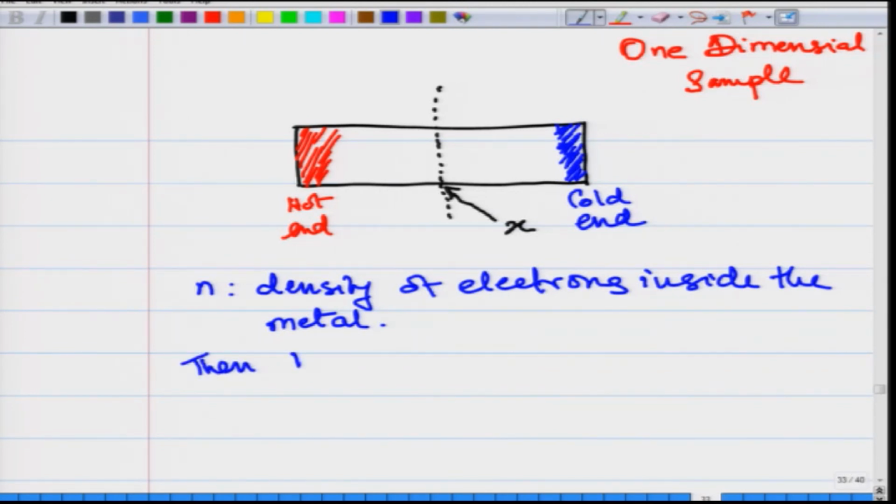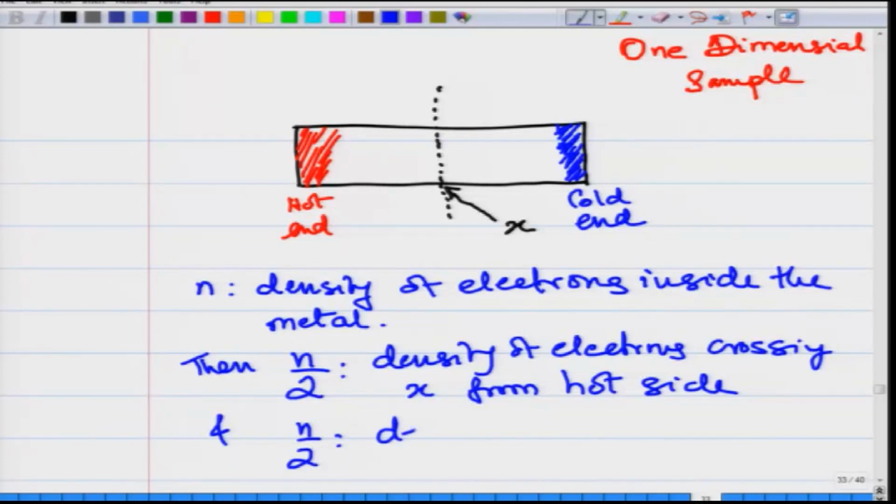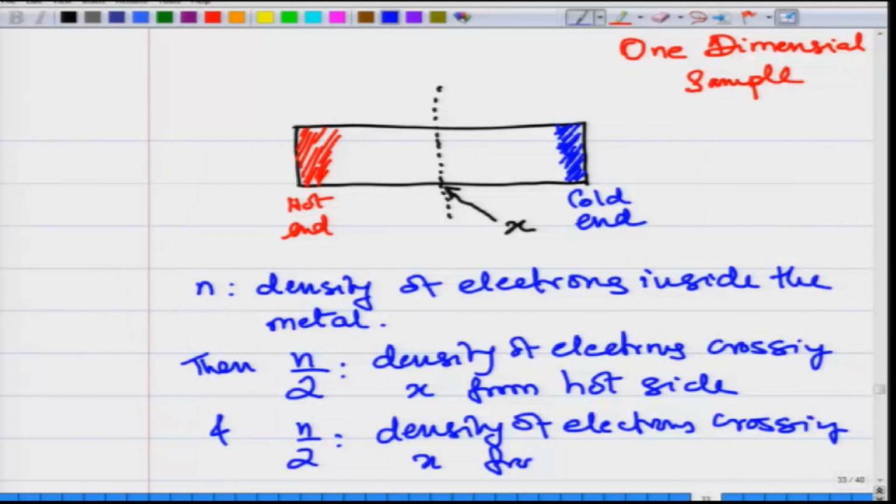then n by 2 is the density of electrons crossing x from the hot side, and n by 2 is the density of electrons crossing x from the cold side.